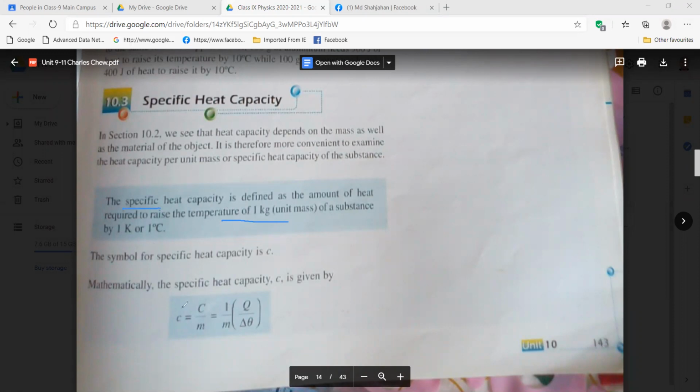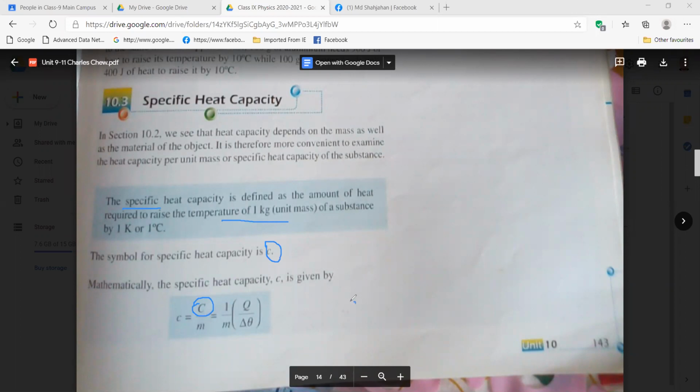In the formula, for specific heat capacity it is small c, and for heat capacity it was capital C. So when you divide the heat capacity by the mass of the object, that mass, if you write here, then it becomes specific heat capacity.